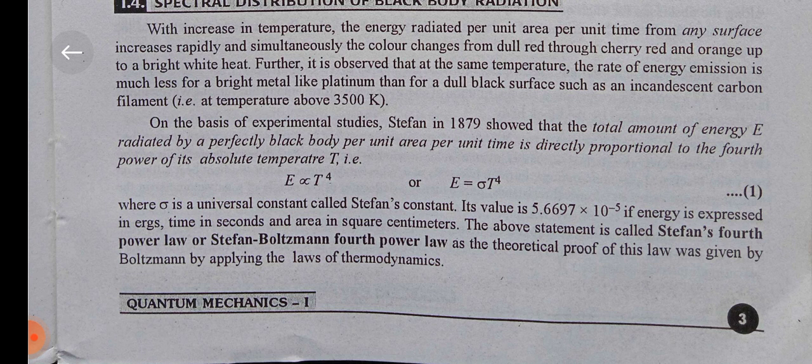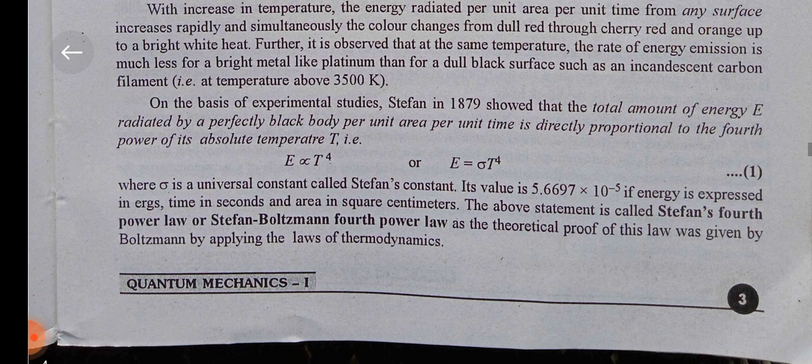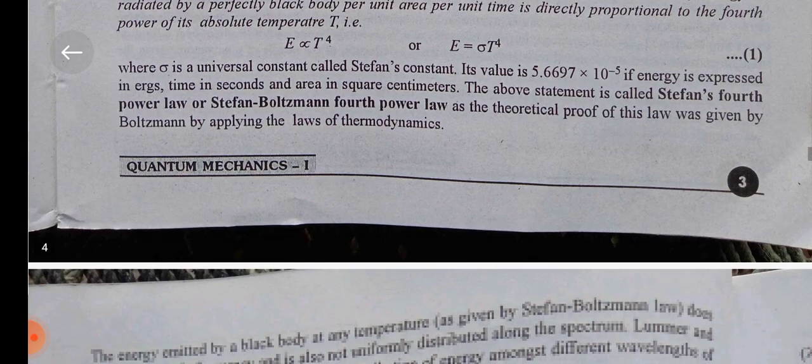If the energy is expressed in ergs per second and area in square centimeter, its value is 5.6 into 10 raised to power minus 5. The above statement is called Stefan's fourth power law or Stefan-Boltzmann fourth power law. A theoretical proof of this law was given by Boltzmann by applying the laws of thermodynamics.